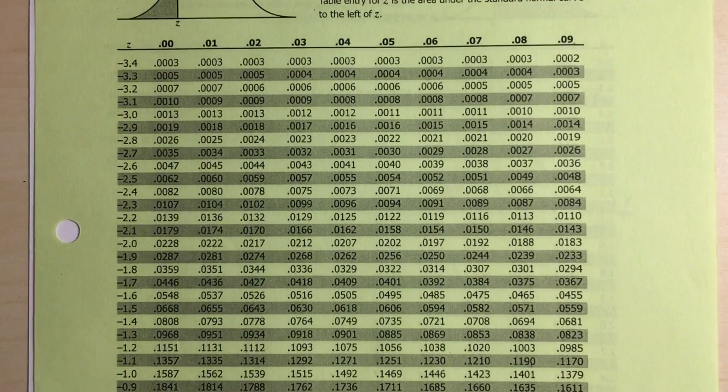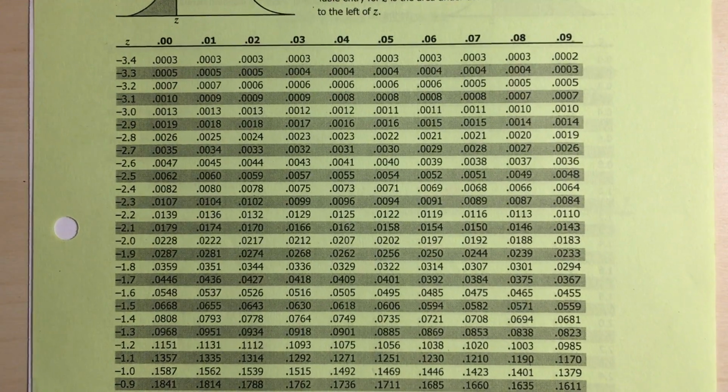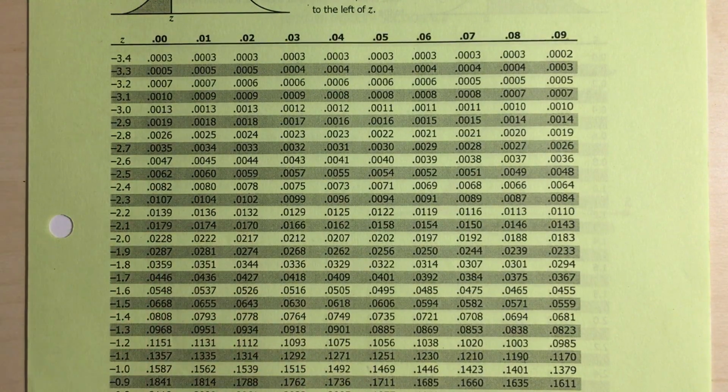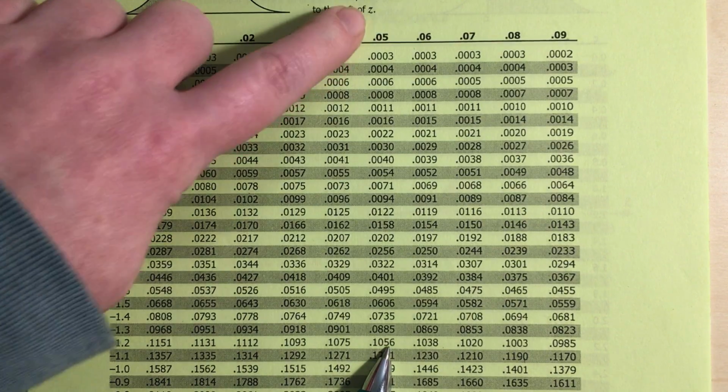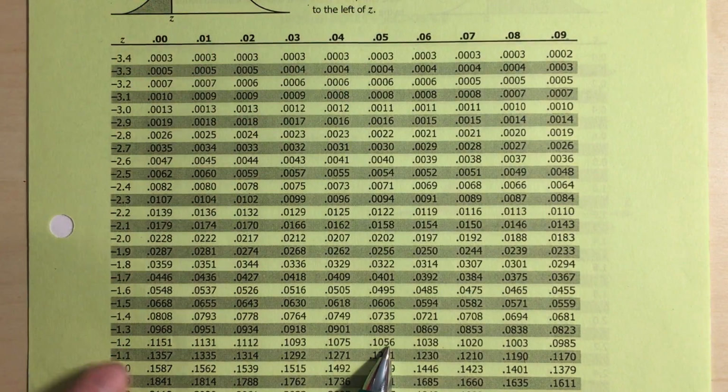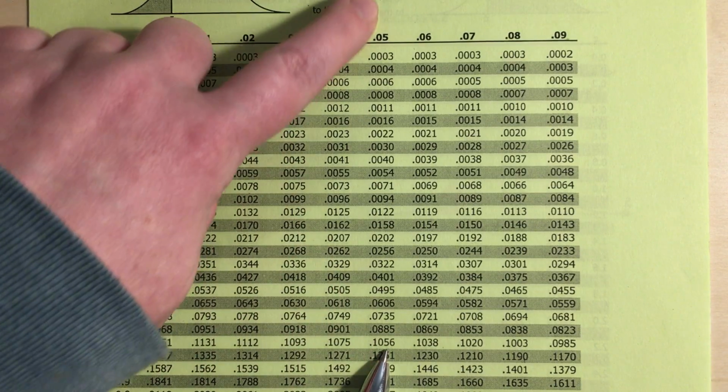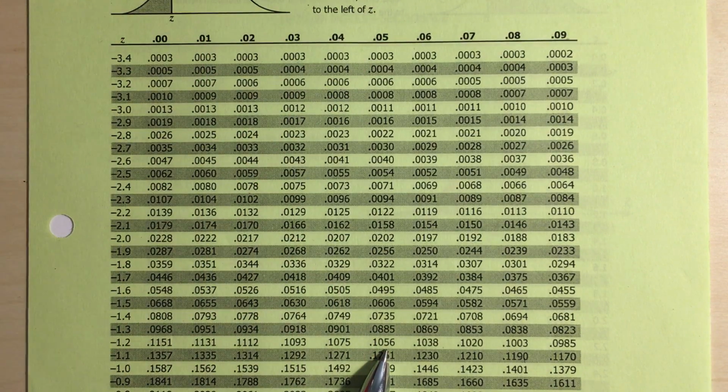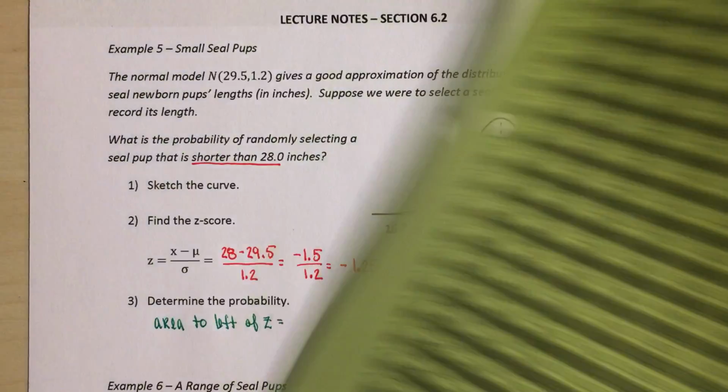So in my table, I'm going to go down to negative 1.2, which is right here. And then I'm going to go over to my column under the 0.05. So I'm in my negative 1.2 row, and I'm finishing off with the 5 that's up top. This gives us in our table 0.1056.